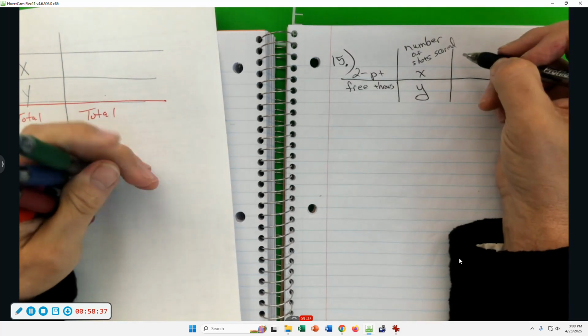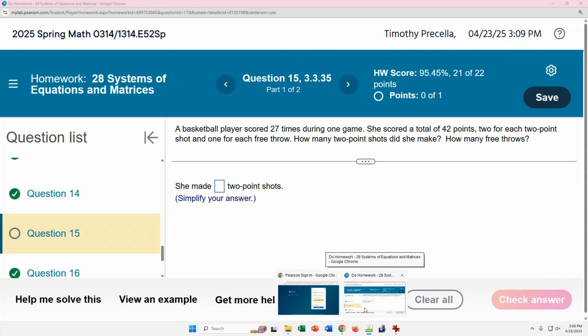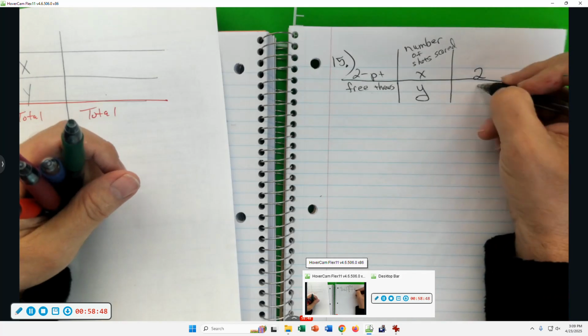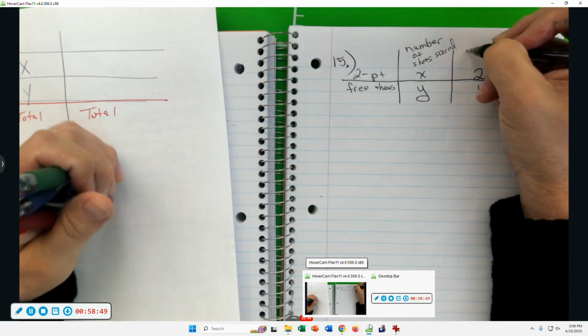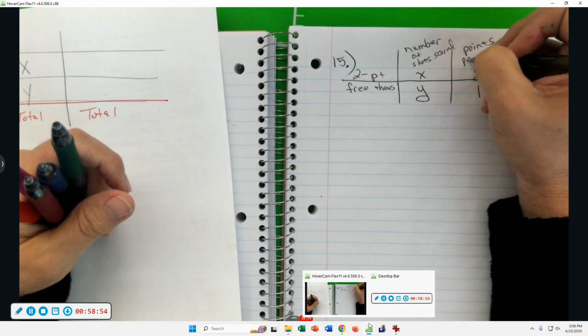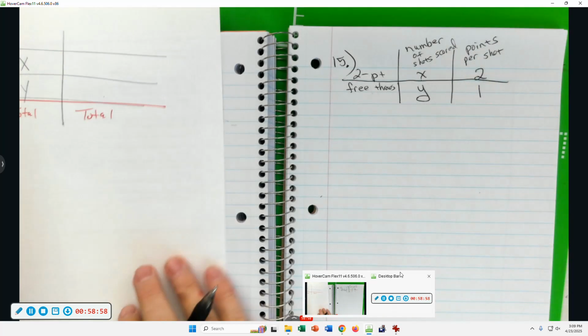They give us information regarding one individual item. 1 2-point shot was worth 2 points. 1 free throw was worth 1 point. This is the points per shot, not the dollars per item, but the points per shot.